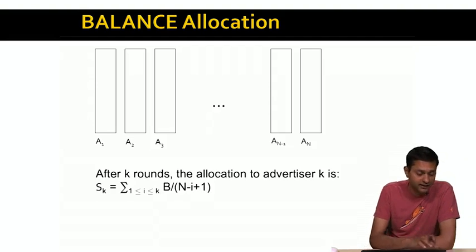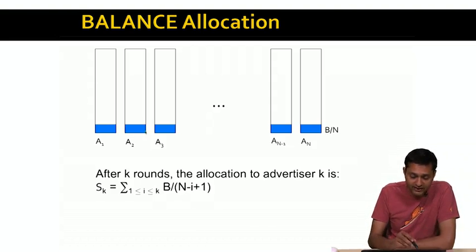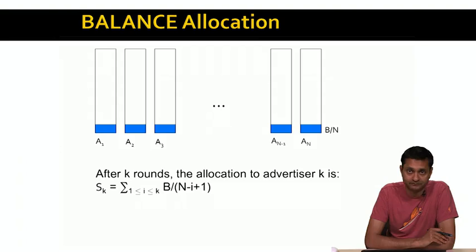Since there are B round 1 queries, each advertiser is allocated B by n of the round 1 queries. And I've shown that with this blue coloring on the slide here.